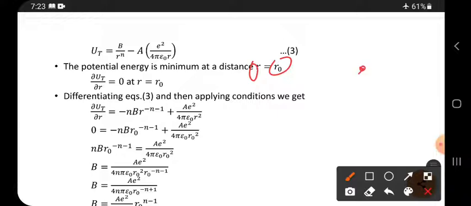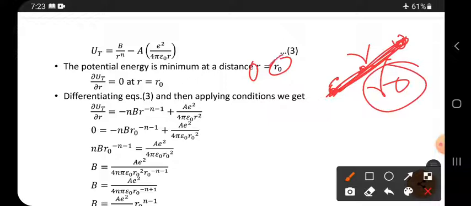The distance between two ions where repulsion and attraction forces balance at a certain distance is denoted by r naught.